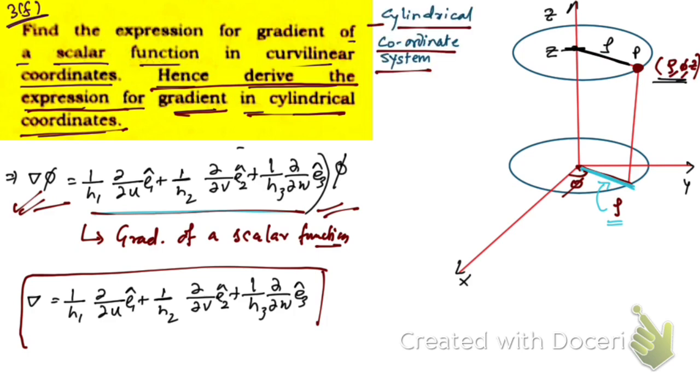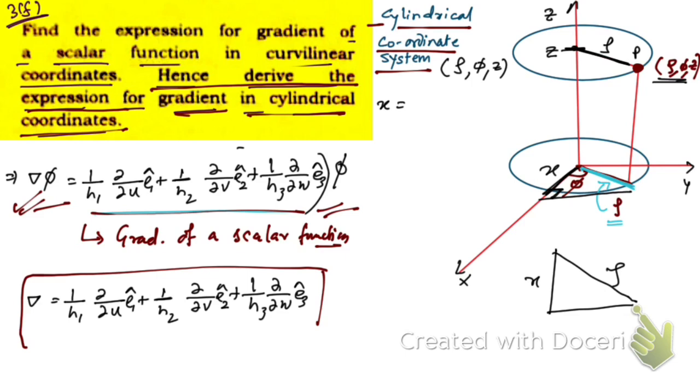So we have considered the cylindrical coordinate system rho, phi, and z such that x is this, this must be 90 degrees, and from this triangle this is x, this projection is rho, and this is nothing but y.